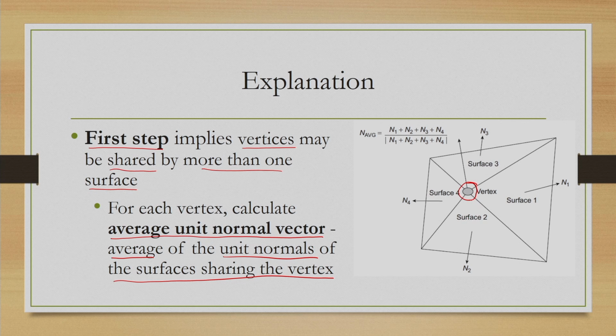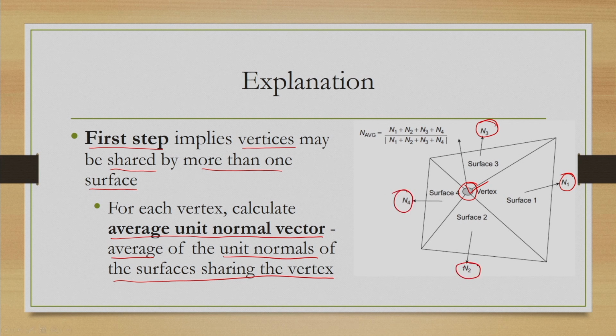This is essentially the average of the unit normals of the surfaces sharing the vertex. So, in this particular example, the vertex here is shared by four surfaces, and each will have its own normal vector. Say for surface 1 it is n1, surface 2 n2, surface 3 n3, surface 4 n4.